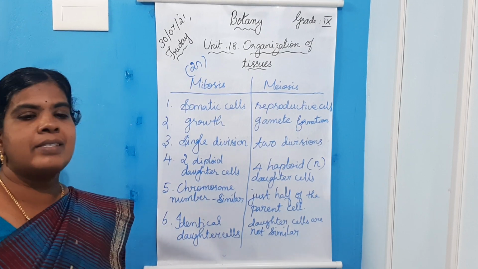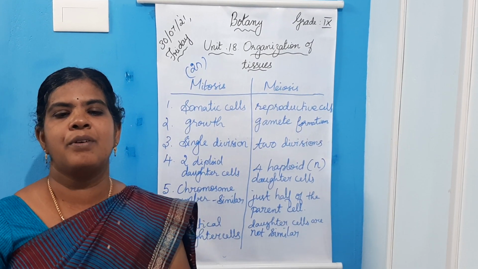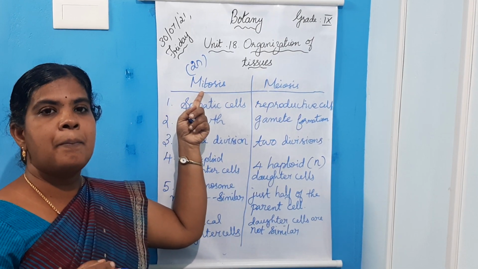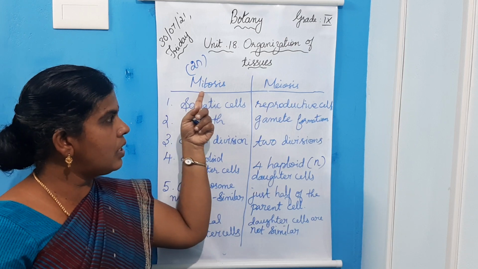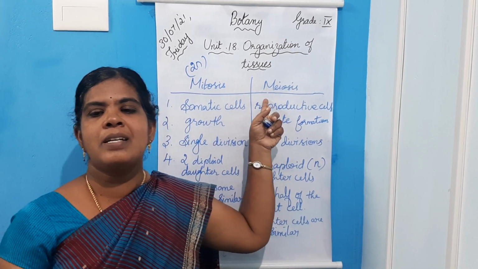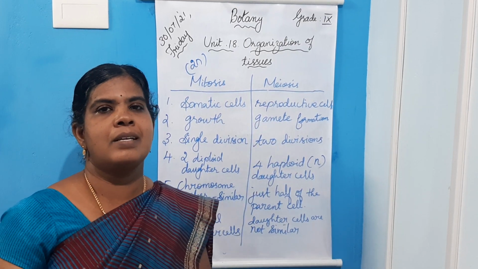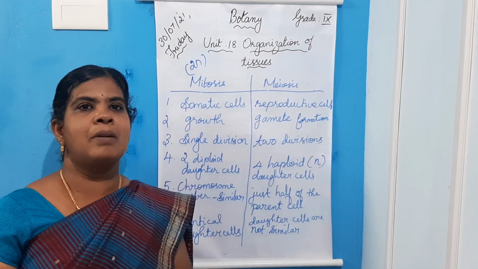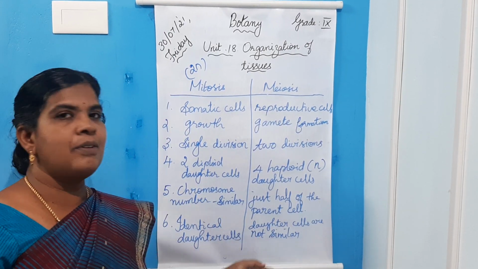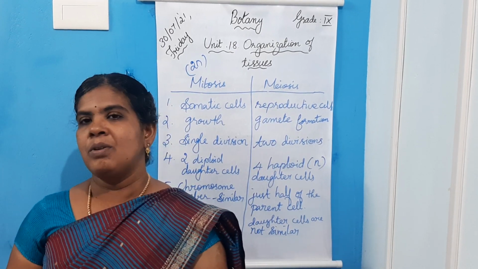The next, sixth point: identical daughter cells are formed by mitotic cell division. What about meiosis? The daughter cells are not similar to the parent cell. It will be randomly or independently assorted. So these are the differences between mitosis and meiosis.